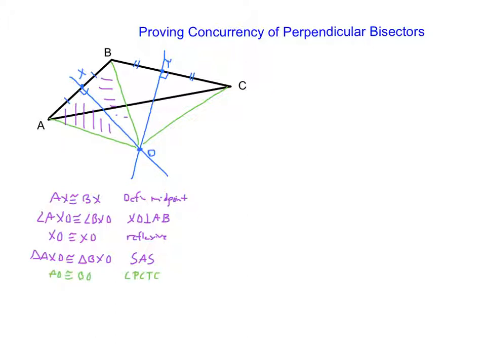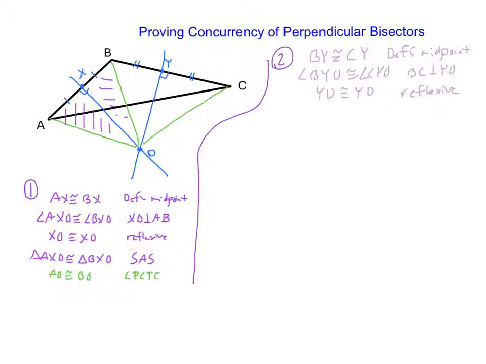Okay, so moving over to the other side, we're going to have this triangle and this triangle. So once again, we have midpoint getting us BY and CY. Got a 90-degree angle, and YO is shared between the two of them, so triangle BYO is congruent to triangle CYO. And that's going to get us the green parts too.